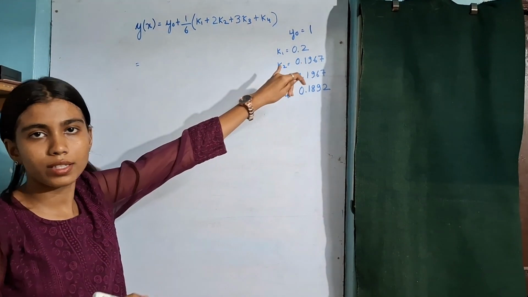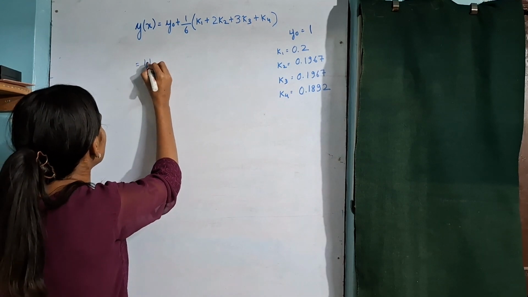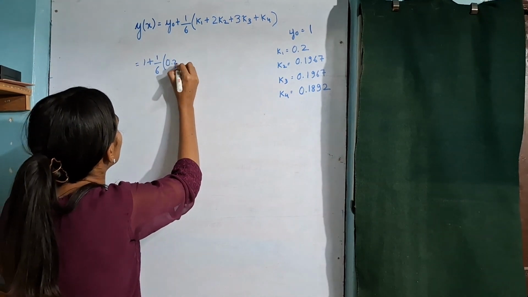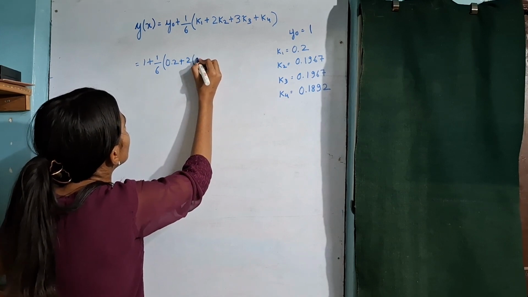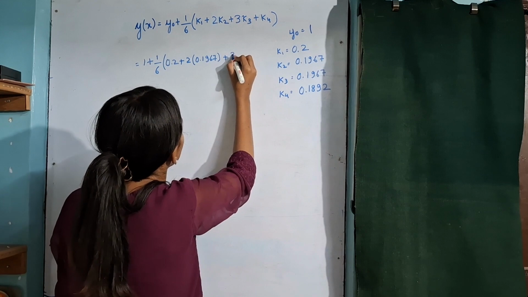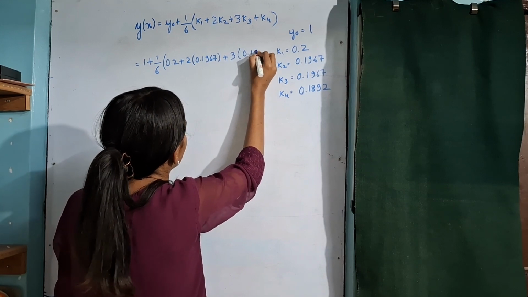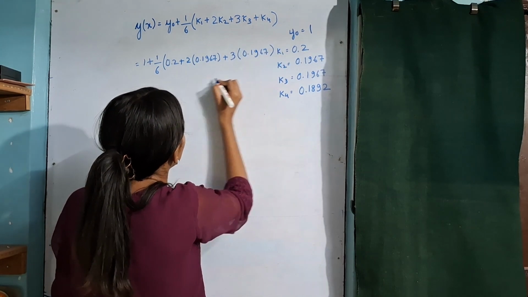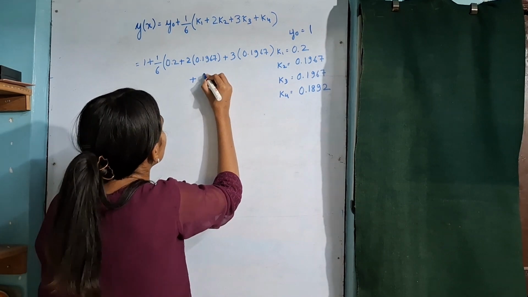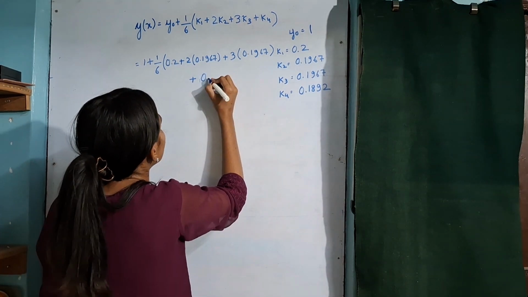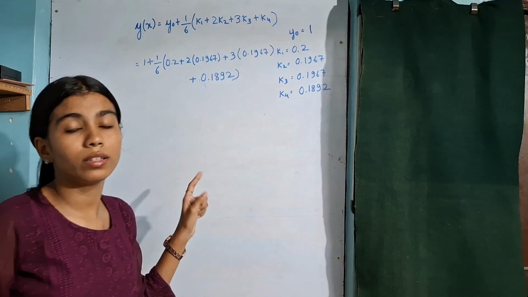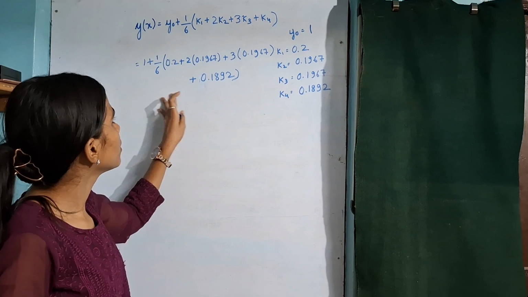Y0 is given as 1, plus 1 by 6, your K1 is 0.2, plus 2 into 0.1967, plus 3 into 0.1967, plus 4 into 0.1892. I have substituted all the values, and then you have to put this into the calculator.